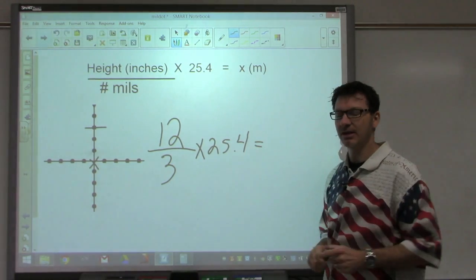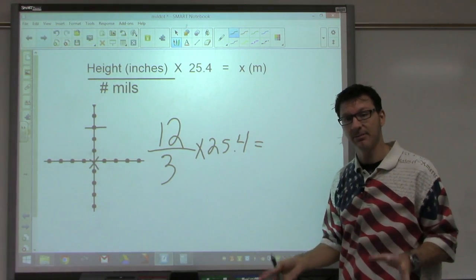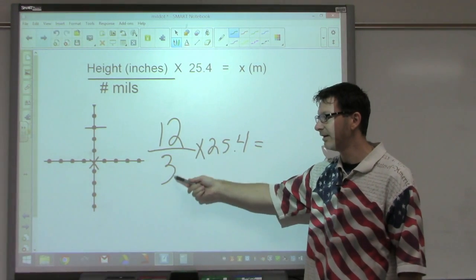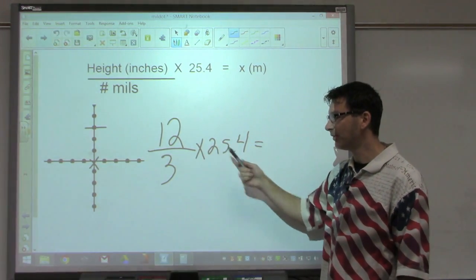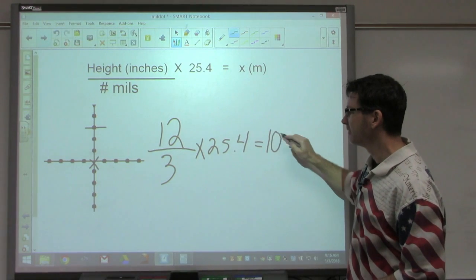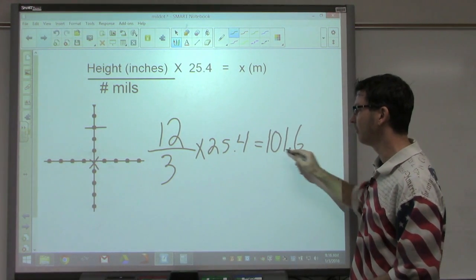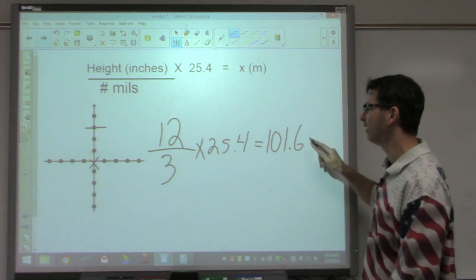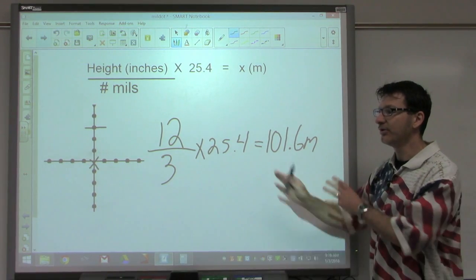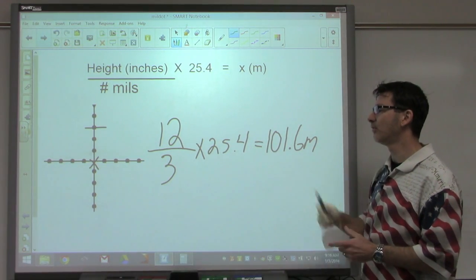Even this, I can still roughly estimate in my head. If I just round that to 25, I know that 12 divided by 3 is 4, times 25 is about 100. So that's pretty quick in your head also. This actually calculates to be 101.6, so it's a little bit over 100, and that's computed in meters. Under those conditions, that target's 101 meters away.